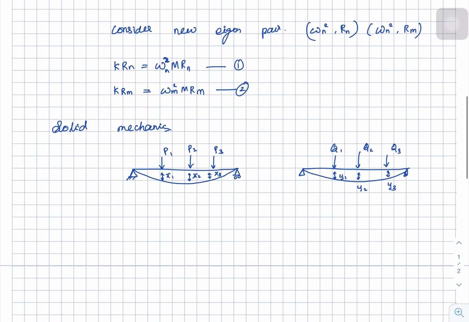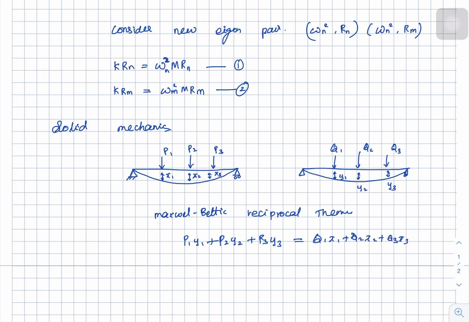So from the Maxwell-Betty reciprocal theorem, you can write P1 y1 plus P2 y2 plus P3 y3 equal to Q1 x1 plus Q2 x2 plus Q3 x3.